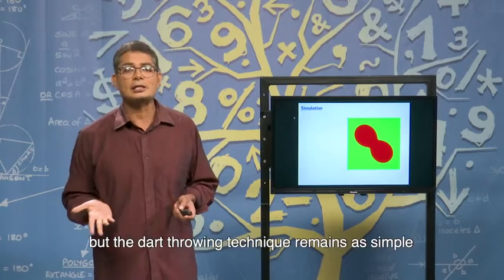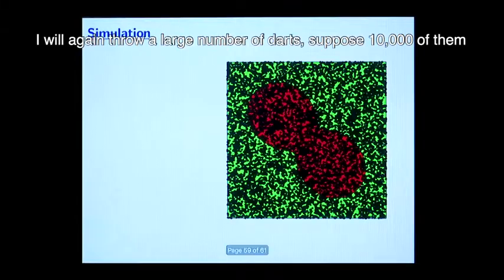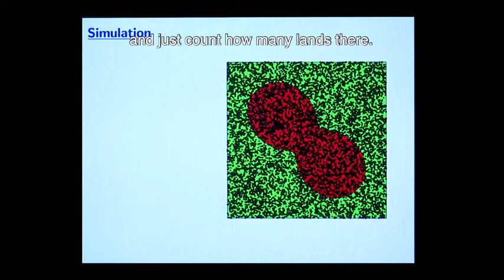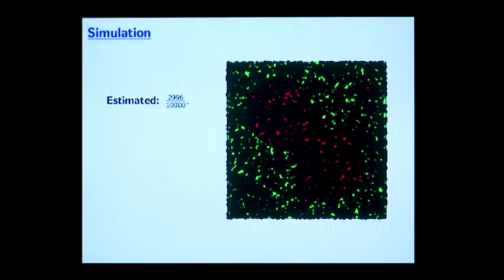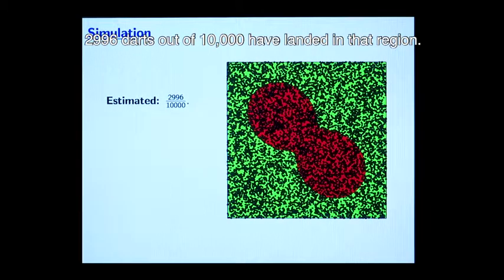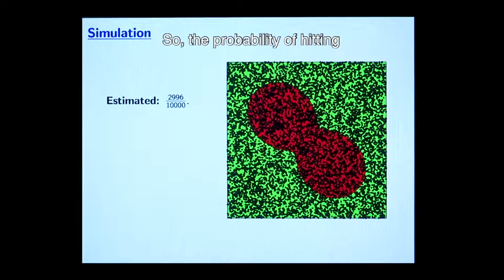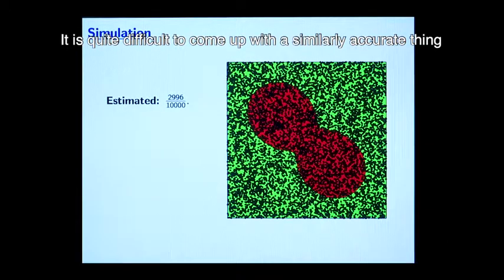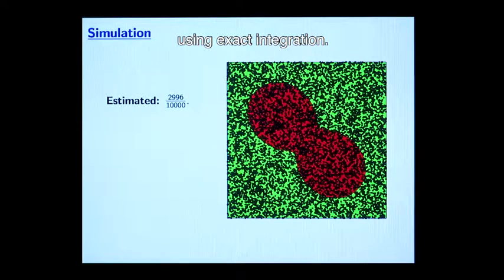But the dart throwing technique remains as simple as before. I will again throw a large number of darts, suppose 10,000 of them, and just count how many land there. In my case, I can see that 2996 darts out of 10,000 have landed in that region. So, the probability of hitting that irregularly shaped red region is estimated to be 0.2996. It is quite difficult to come up with a similarly accurate thing using exact integration.